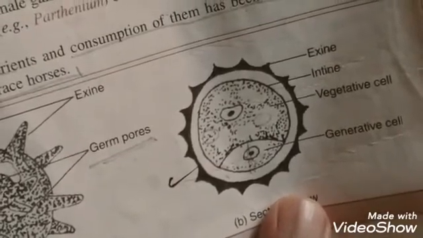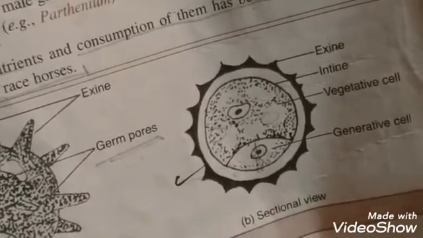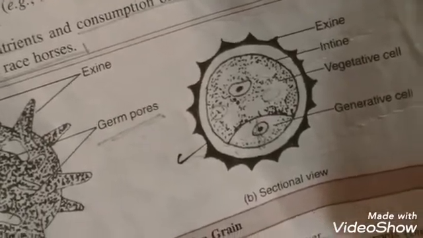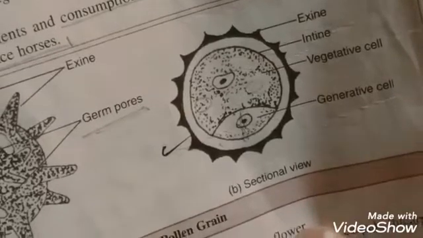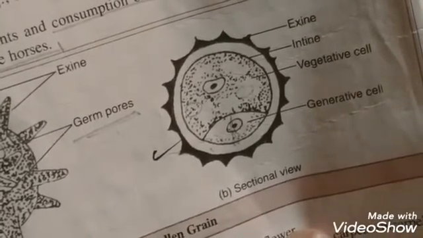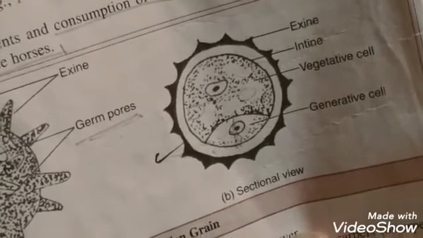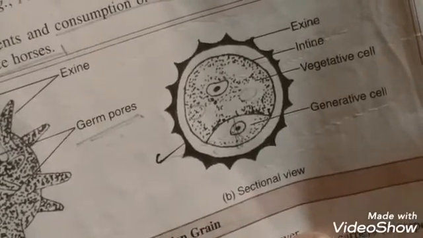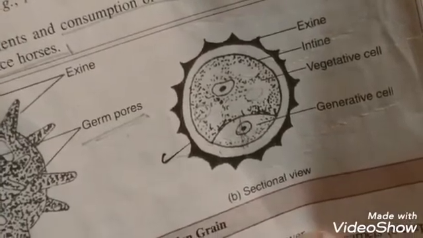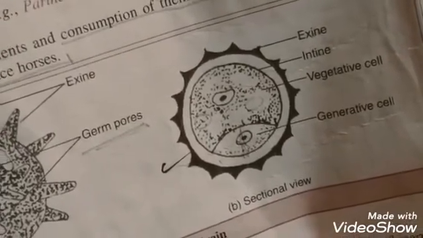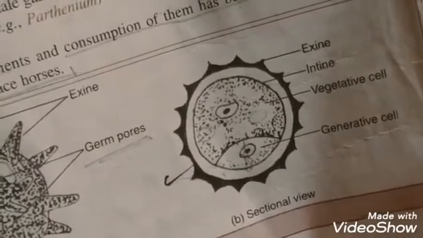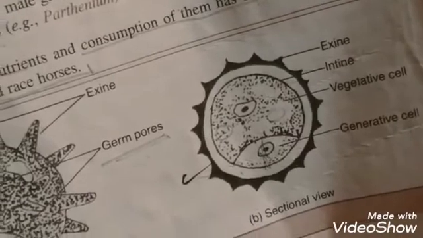The sporopollenin is one of the most resistant organic substances. It is not affected by high temperature, strong acid or alkali. There is no enzyme known to degrade it. It means it is not digested by any enzyme.